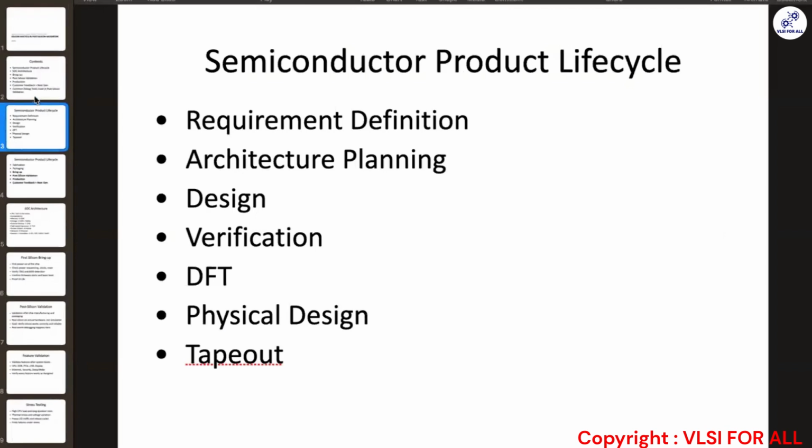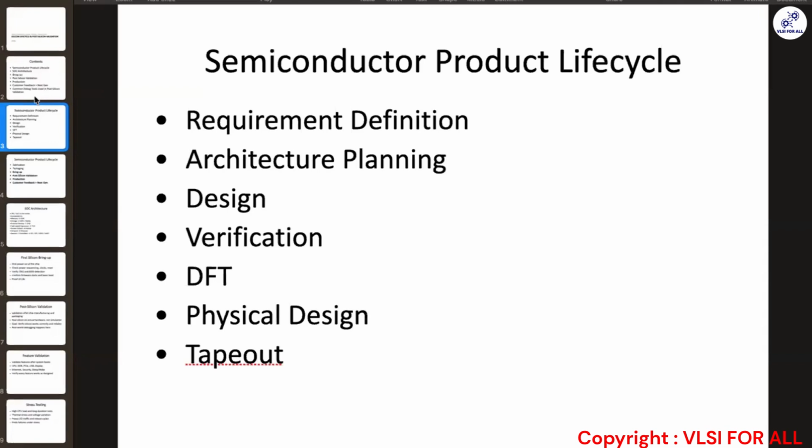So the first thing, the semiconductor product life cycle. In the initial phase, you need to know what kind of product you're going to launch. For that, you need to understand which market you are aiming at, what the cost of that particular product would be, and how many interfaces you would need.